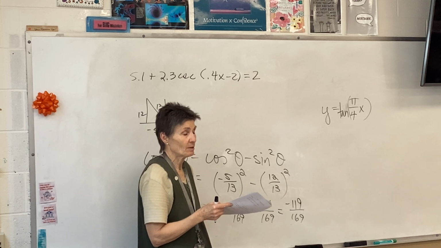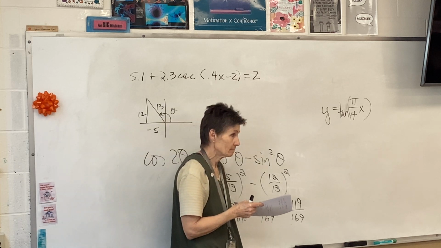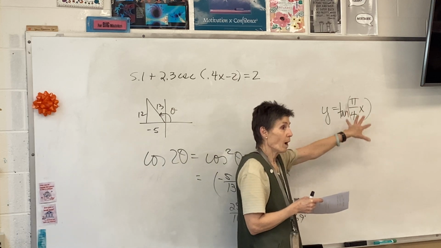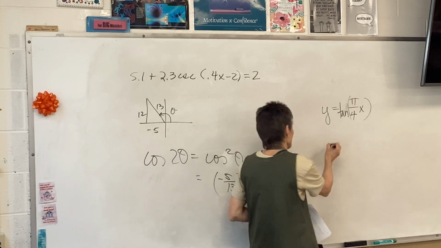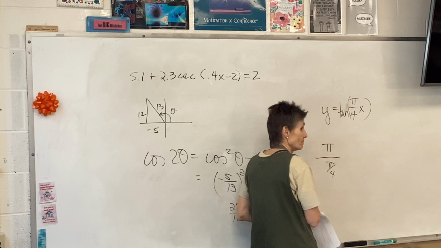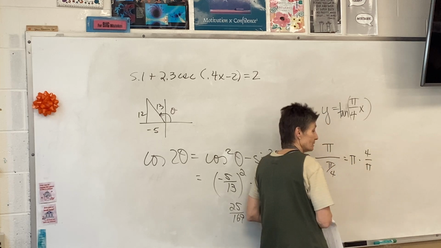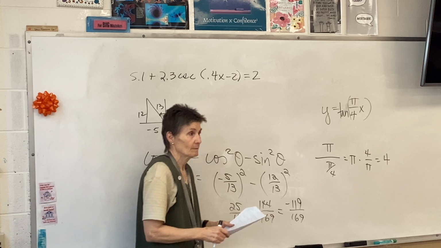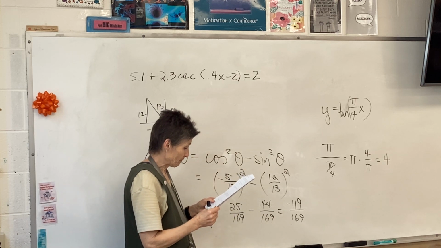How do you find the period of anything? You take its standard period and divide it by that number. What is the period of a tangent? Pi. So you take pi and divide it by pi over 4, which is multiplying it by 4 over pi. So whoever said 4 was right. Period is 4. All right, let's try another.